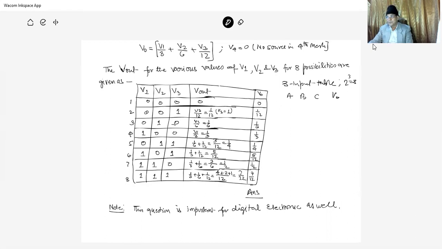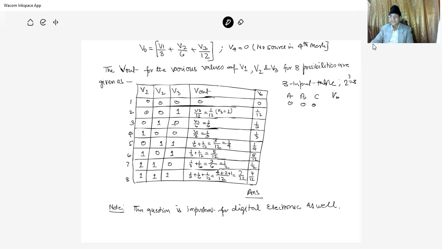In the three inputs, the first one is 0, 0, 0. All are 0, so V1, V2, and V3 are 0. If all these values are 0, what will be the output? Output will be 0. The other possibility is 0, 0, 1.